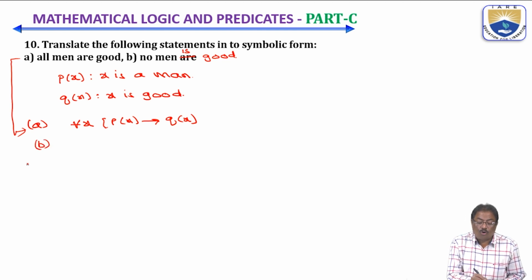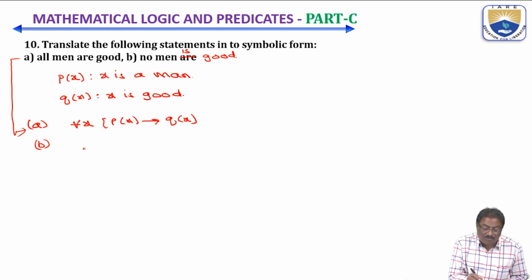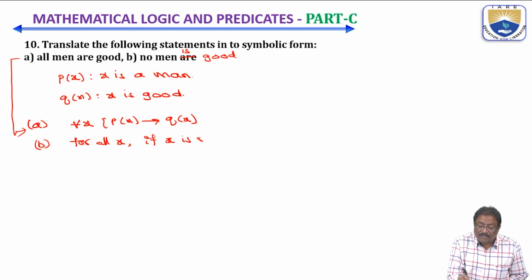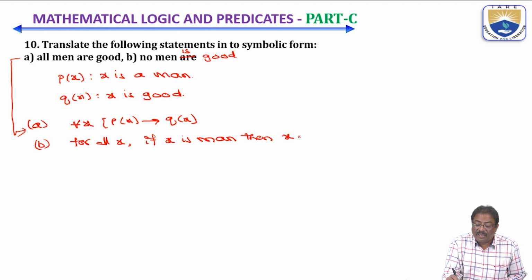And B, no man is good. See here, we are saying that the equivalent form of this is, for all x, if x is a man, then x is not good.